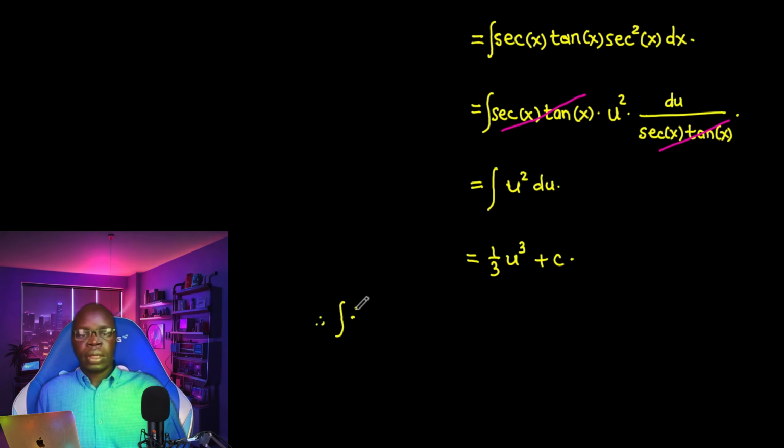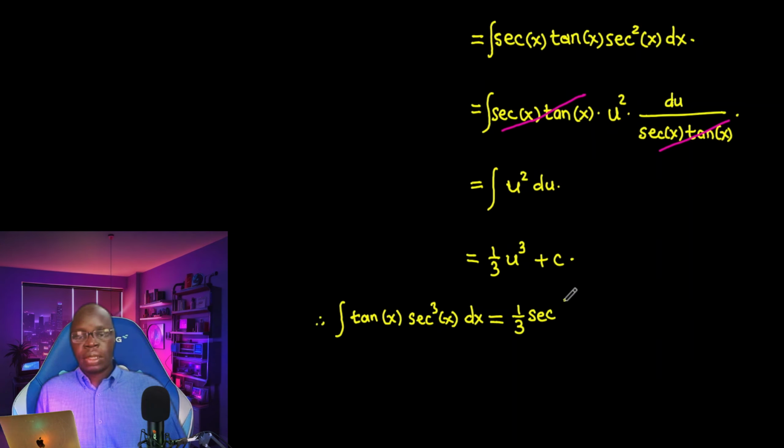Therefore, the integral of tan x secant³ x with respect to x will be equivalent to 1/3, and we replace our u with secant, but this time is raised to power 3 of the same angle x plus the constant of integration.